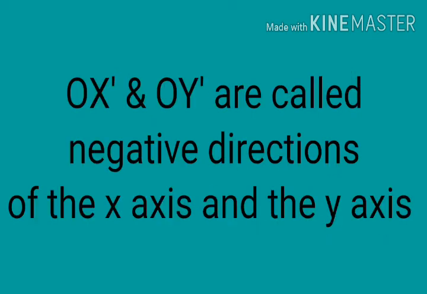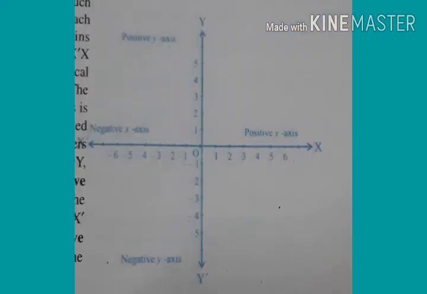Similarly, towards down and towards left, the lines occupy the negative numbers. So OX dash and OY dash are called the negative directions of the x-axis and the y-axis respectively. From this figure you can identify the positive x-axis, negative x-axis, positive y-axis, negative y-axis and origin.